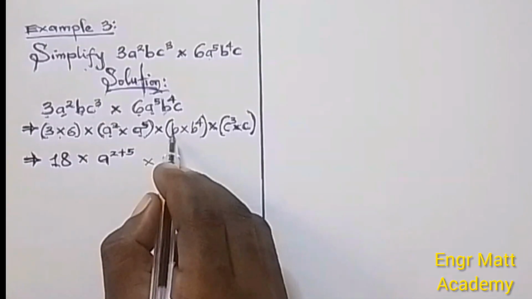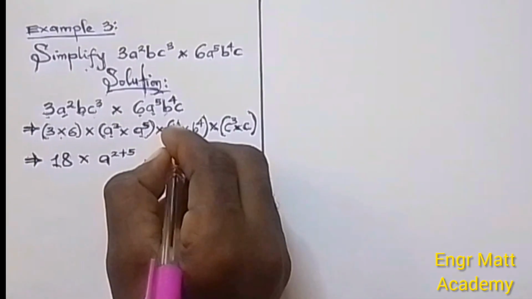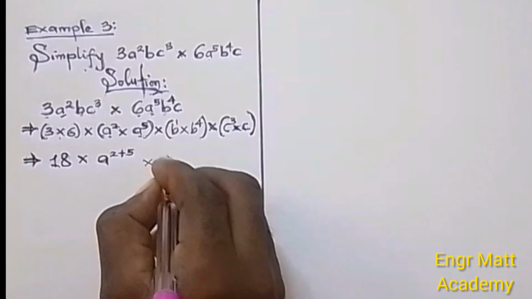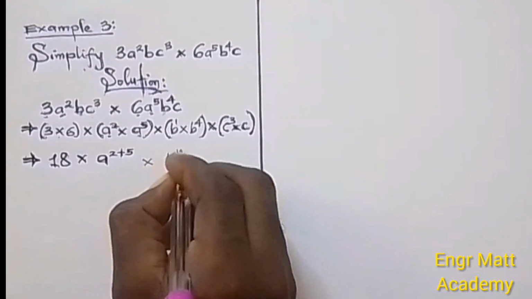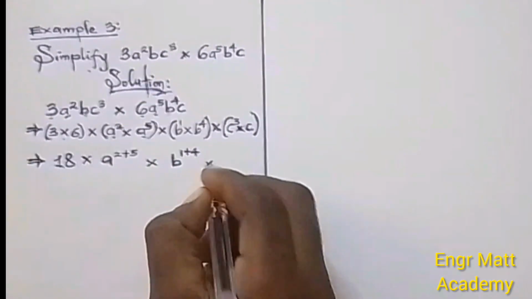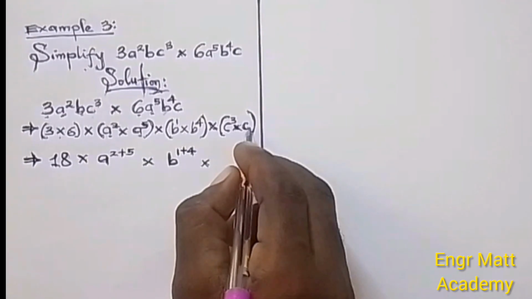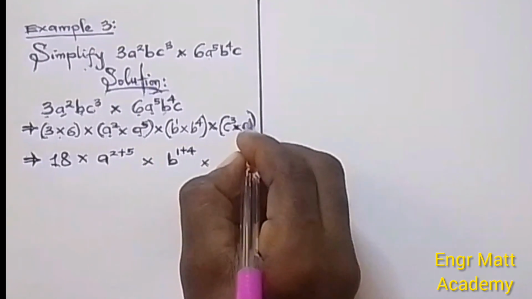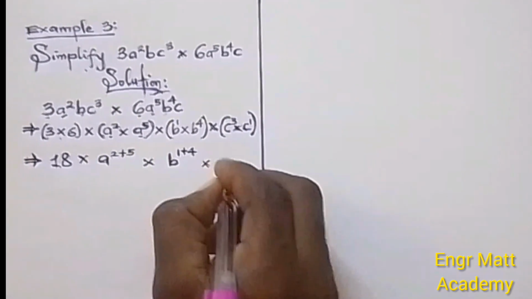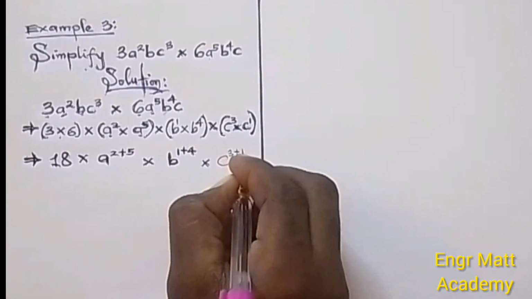Remember this b has a power of 1, an invisible 1. Now we make it visible, so it will be b raised to power 1 plus 4, times c to the power of 3 times c. The same thing: we make the invisible 1 visible, so we get c raised to power 3 plus 1.